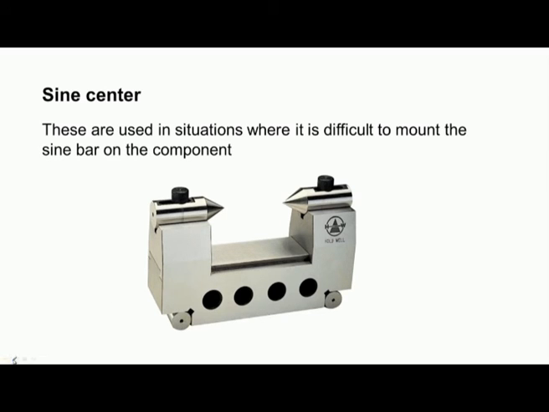These centers are slidable. You can see the slot here, we can loosen the clamp and then we can move the centers axially like this to accommodate workpieces of different lengths. So, this sliding arrangement is provided.